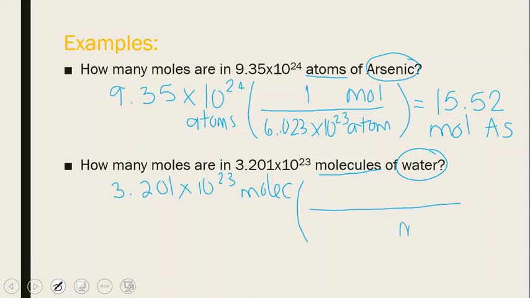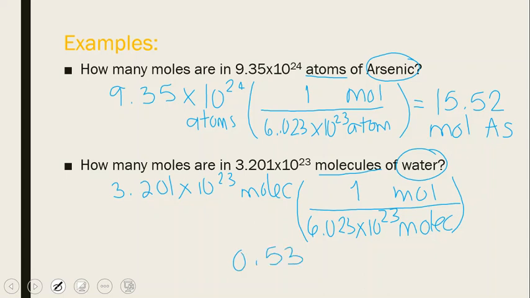Okay, you want molecules, go down, I want mole, goes up, 1 mole, 6.023 times 10 to the 23rd, and just answer that. And this result is 0.53 moles of water.